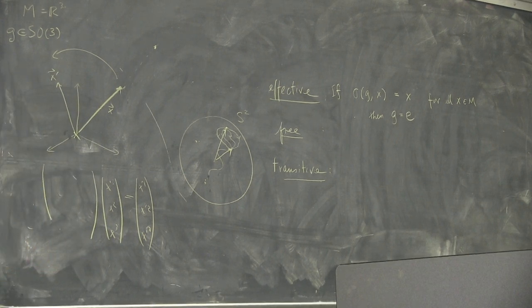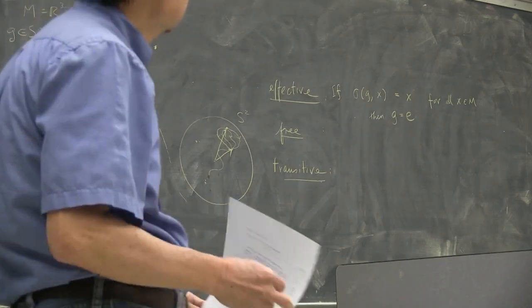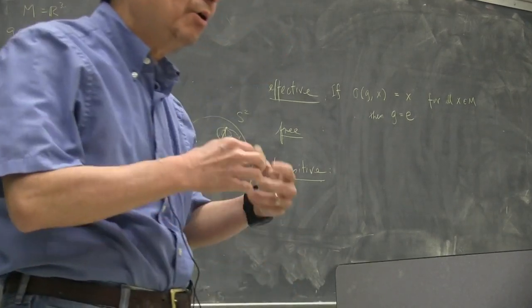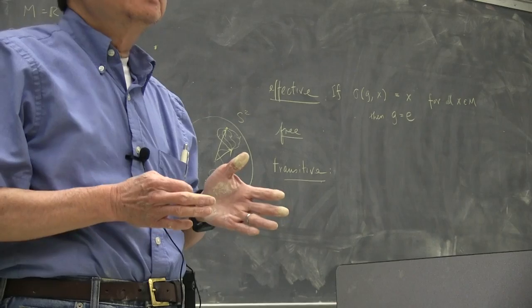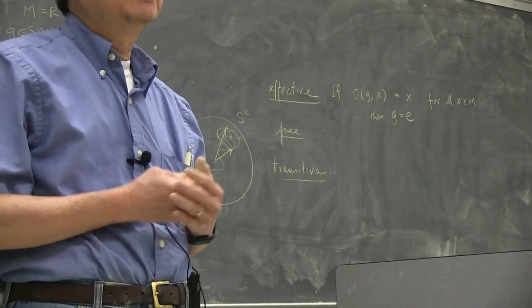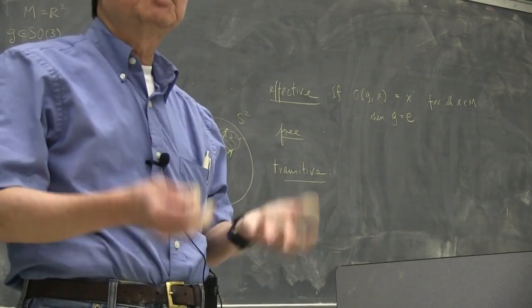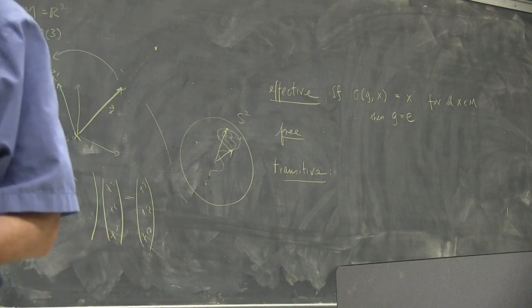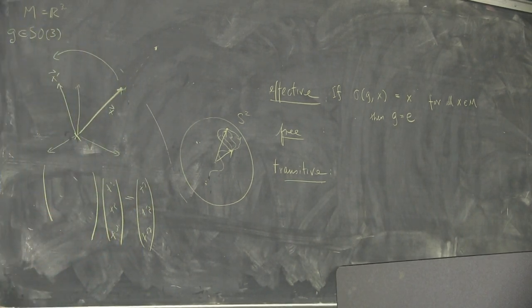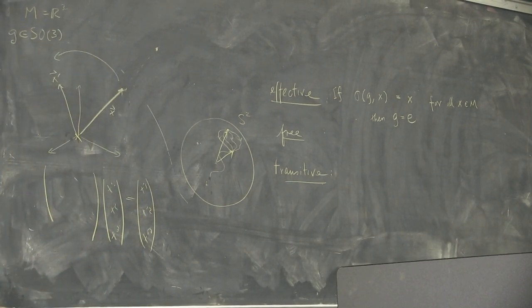In other words, the only group element that produces the trivial action for all elements in M is the identity element. If the group, M, and the group action satisfy this condition, then the particular group action is said to be an effective action. Okay?